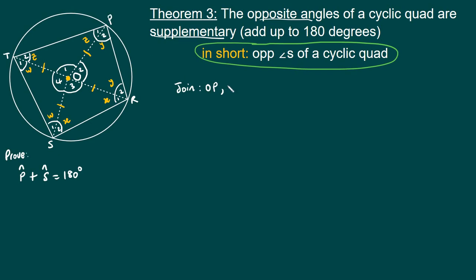OP, and then OR, and then OS, and then OT. By the way, what you just wrote here, you come back and say OP must be equal to OR, must be equal to OS, must be equal to OT, and then you just say radii. So you can see for these theorems, proving them, you're not thinking too much. What you wrote is just what you say they're equal.